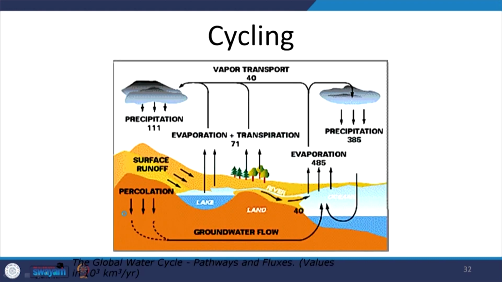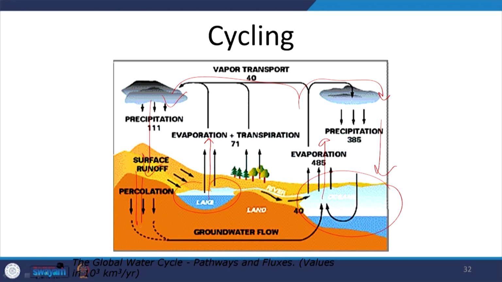Now, how is this cycling happening? All of us have seen this water cycle right from our school classes. So, we know how water which is stored in surface aquifers, say oceans and lakes and rivers, gets evaporated. This evaporation is then transferred and then it precipitates to come back to the land as well as water bodies as potable water.